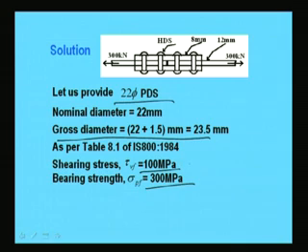This is given in table 8.1 of IS 800 1984, from which we can find out. Now, we have to find out the strength due to shearing and strength due to bearing. So, shearing strength of rivet we can find out.